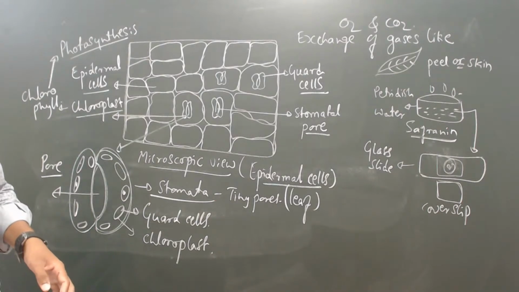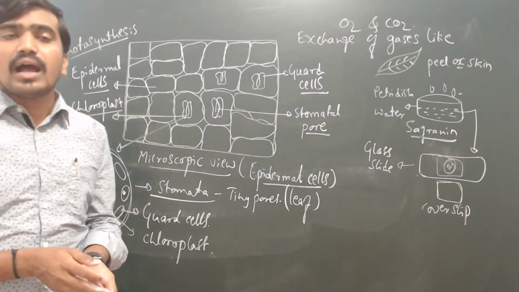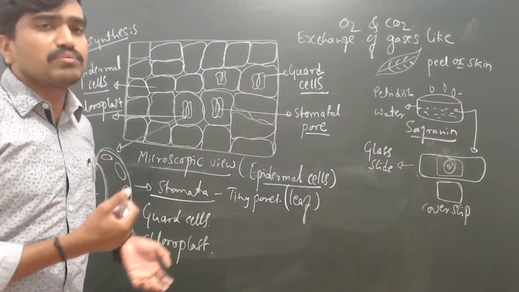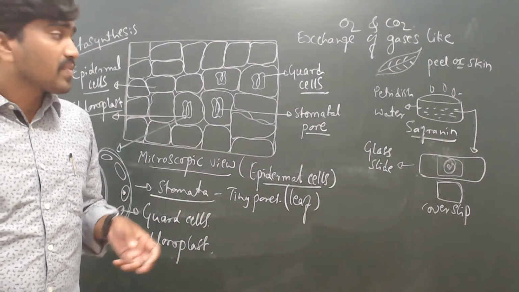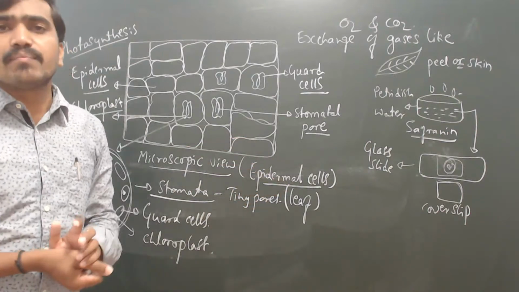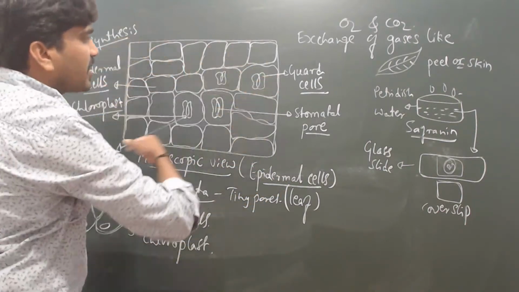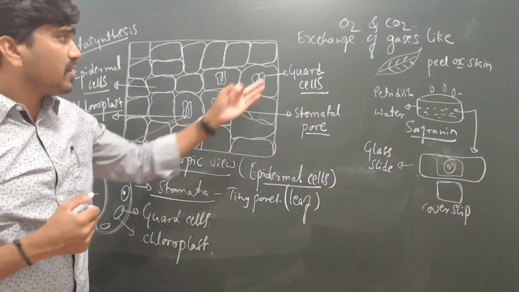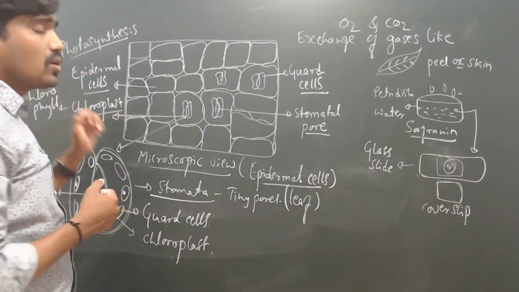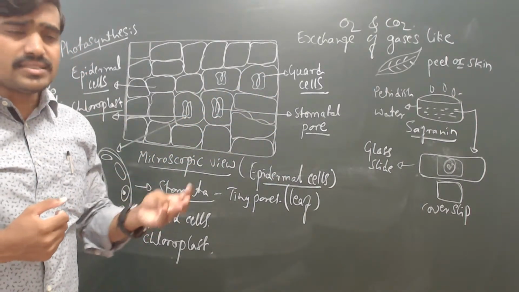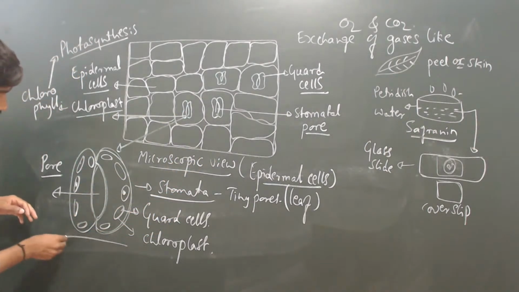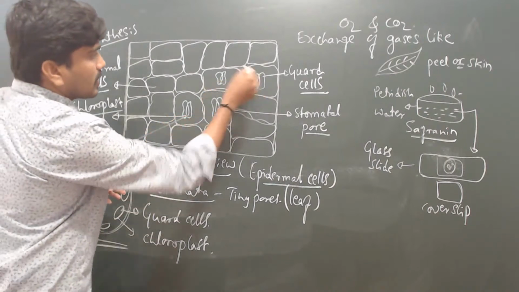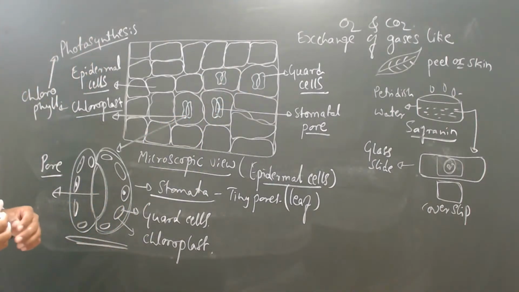Now, see here, in this observation under the microscope, we observe a sheet of cells, a sheet of epidermal cells. This sheet of epidermal cells contains what? Guard cells, stomatal pore, chloroplast. This is the structure of the stomata.